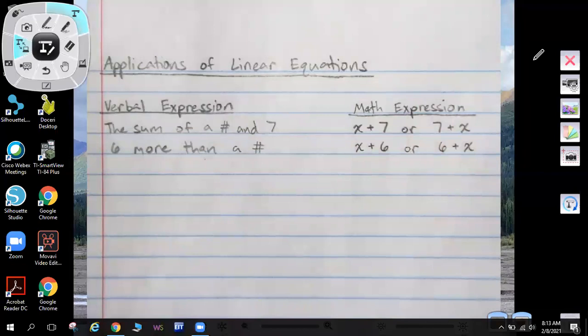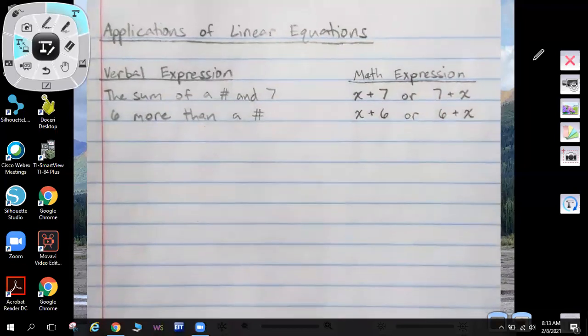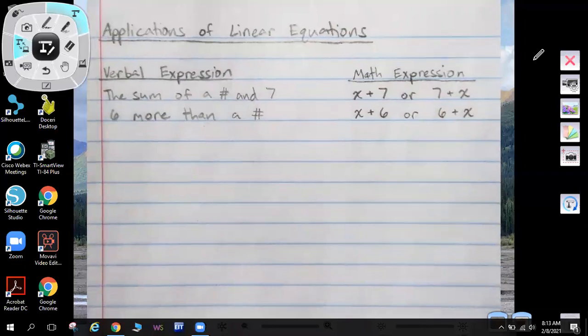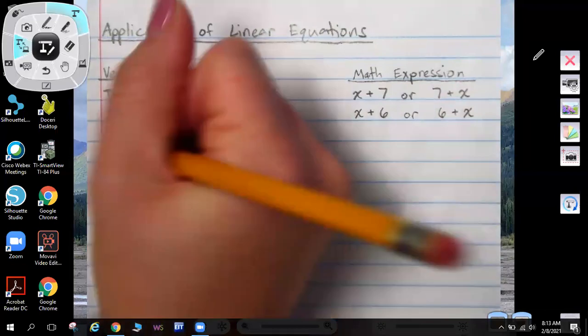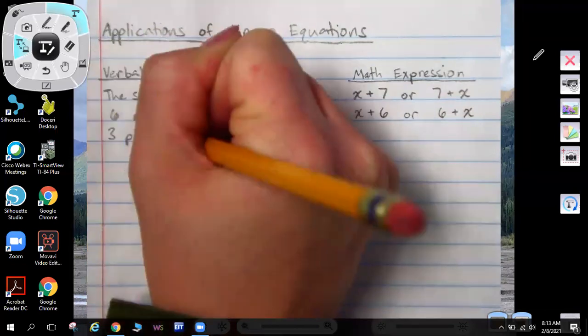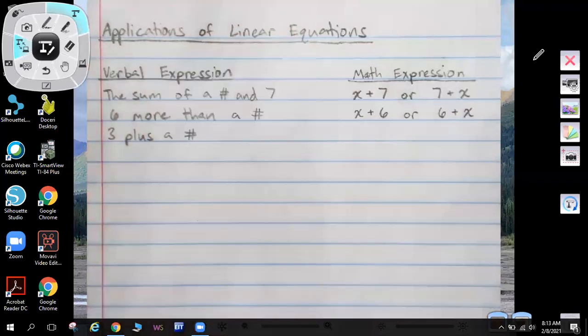I'm going to go ahead and write a few of the verbal expressions, give you some time to copy it, and then we'll go back and look at the math expressions after we get a few down. The next one is 3 plus a number. Then we have 24 added to a number.